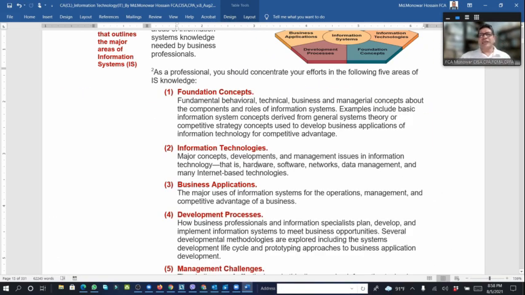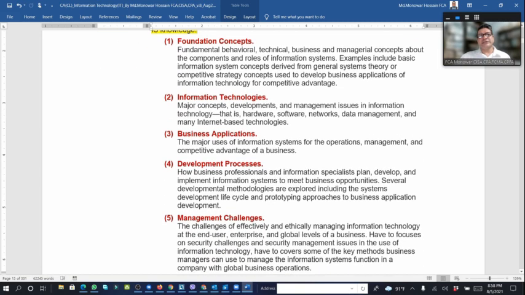There are 5 areas of information system knowledge. The first is foundation concepts: the fundamental behavioral, technical, business, and managerial concepts about the components and roles of information systems. Then information technologies: major concepts, developments, and management issues in information technology, that is hardware, software, networks, data management, and many internet-based technologies.